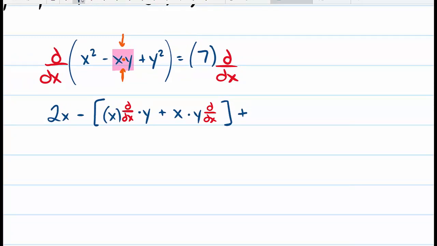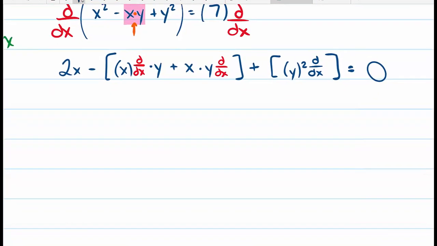Then plus the derivative of y squared. The reason I'm writing it like this is a lot of times students will forget to write the d dx and then they'll just put 2y, and that's not the correct answer. And the derivative of 7 is simply just 0. Okay?